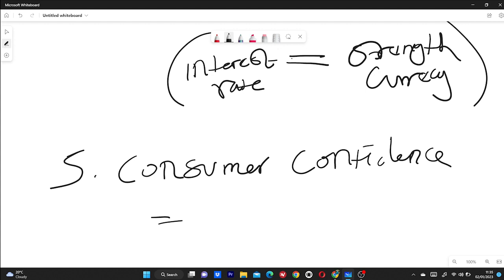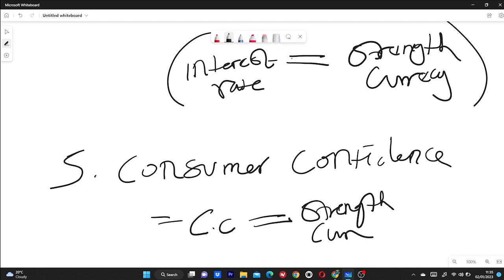When the confidence is very high, it tends to strengthen the currency. When people are positive, that means there's no fear. So consumer confidence is directly proportional to the strength of the currency. When there is high confidence, you expect the currency to go higher.